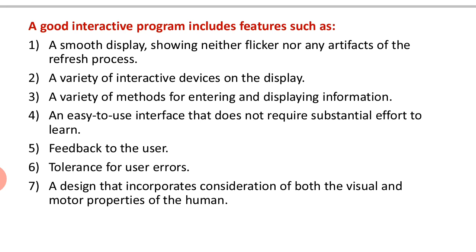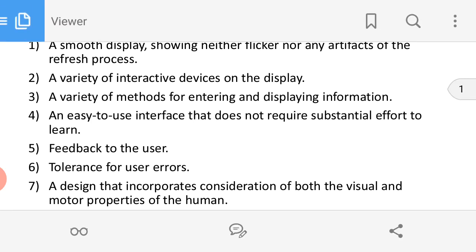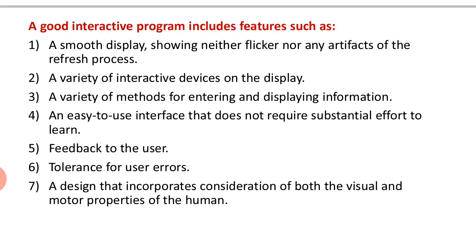Most of the time people might be suffering from some visual problem, or they might be physically handicapped or whatever it may be. For such people also, our system should make provision to interact with the application.